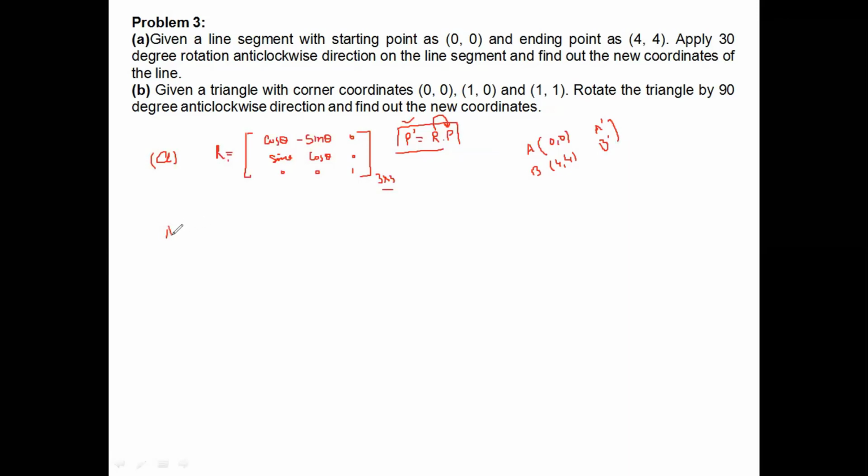So A dash will be the rotation matrix, cos theta, minus sin theta. Let's write directly the angle. By what angle we have to rotate, that is theta, is given here as 30 degrees.